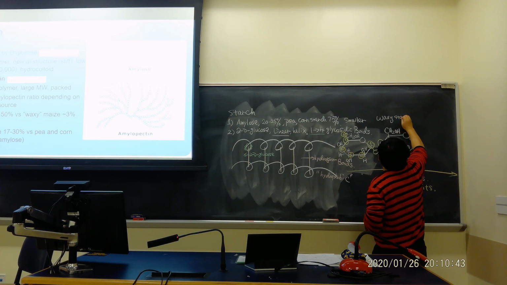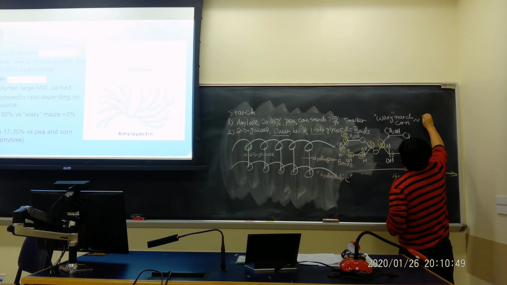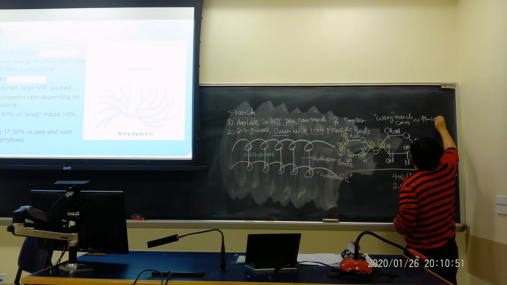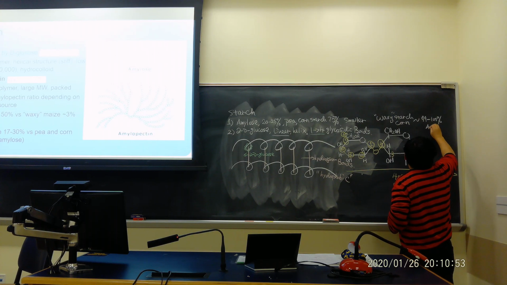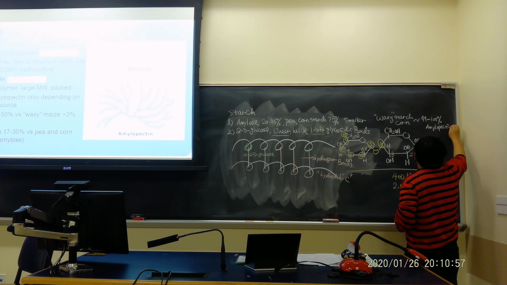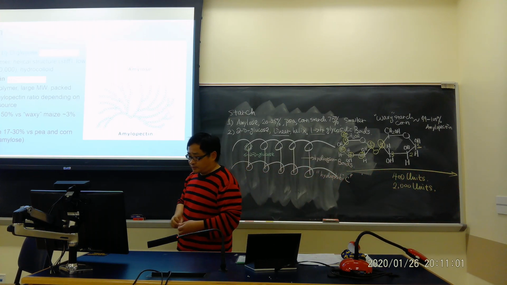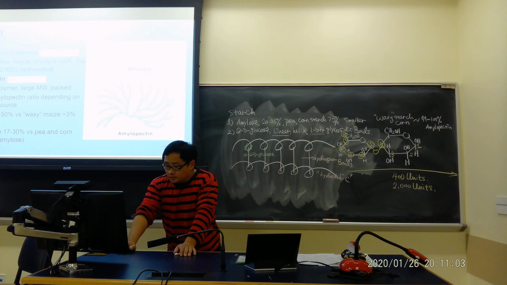Waxy corn is almost 99 to 100% amylopectin and no amylose at all. That's possible. Okay? So that's something we want to give you as an introduction.